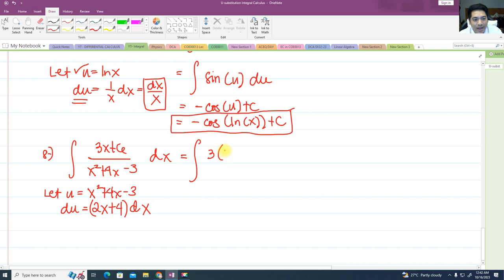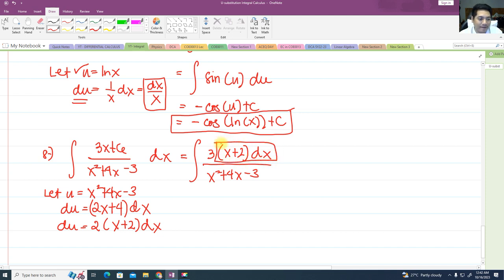I have 3 times x plus 2 dx all over x squared plus 4x minus 3. And in the same way, if I factor out 2 in our du, I have 2 times x plus 2 dx, which happens to be this one. So I have here x plus 2 dx, which is present in the integral.